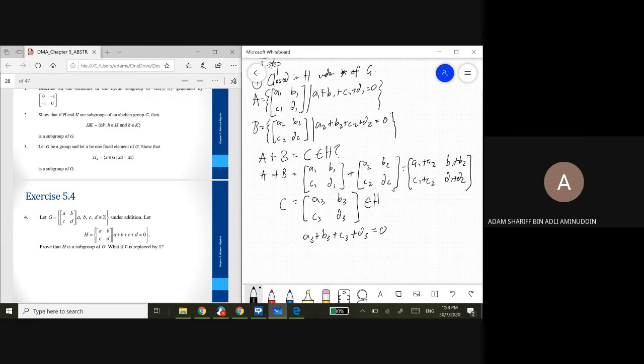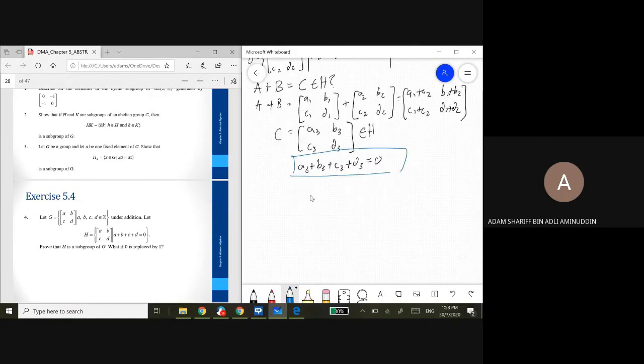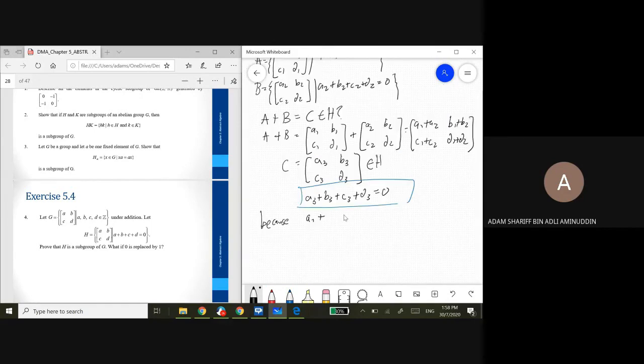Right now, we need to question this: is A3 plus B3 plus C3 plus D3 equal to 0? My argument is very simple. We take this condition from here: A1 plus B1 plus C1 plus D1 equals 0, and also A2 plus B2 plus C2 plus D2 equals 0.